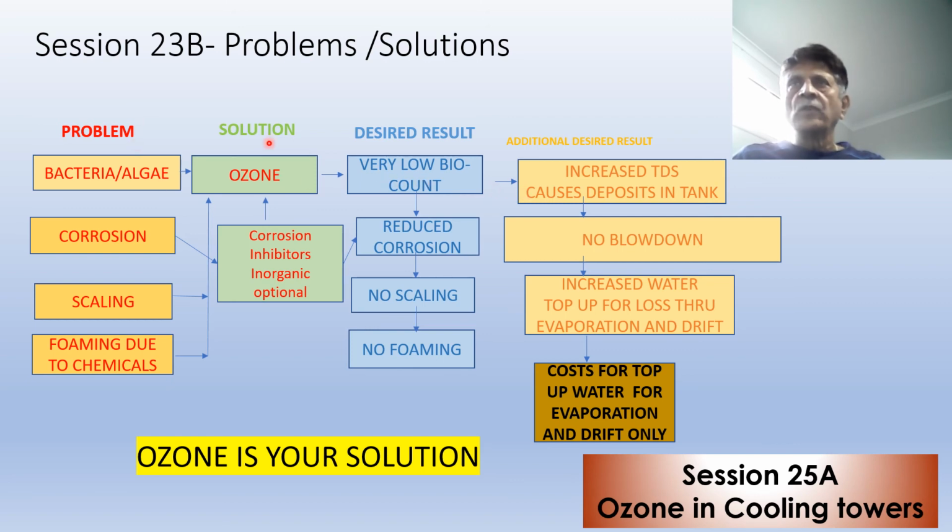Because of ozonation, you can operate the towers at very much higher TDS, because once the TDS increases above the saturation point of that particular chemical, that chemical will deposit as insoluble precipitates and can be removed through filtration.